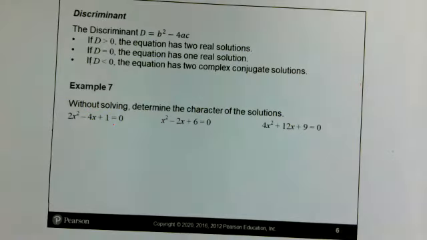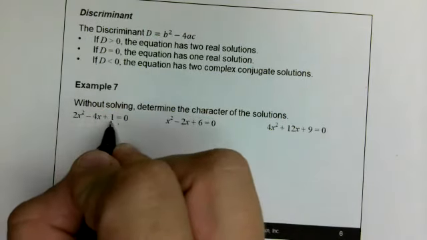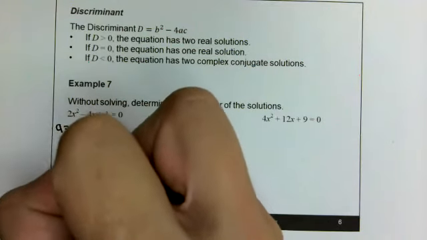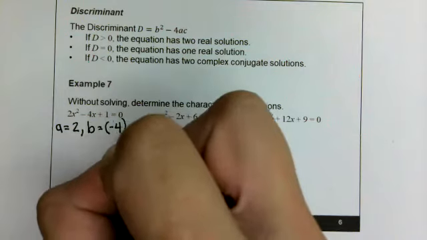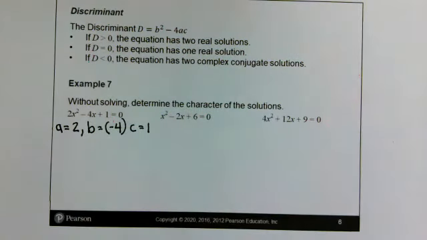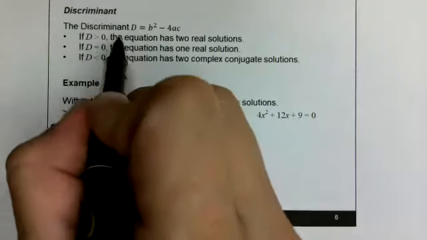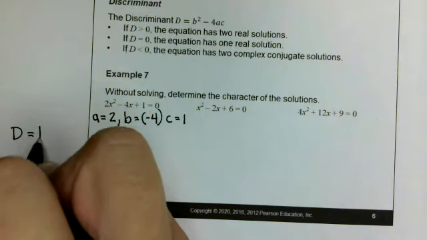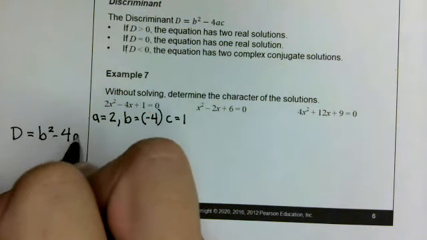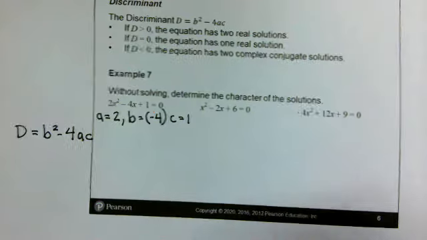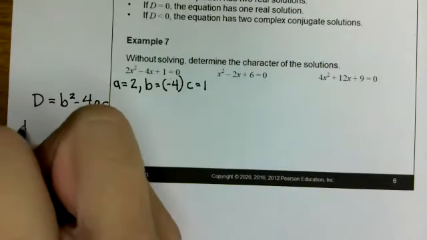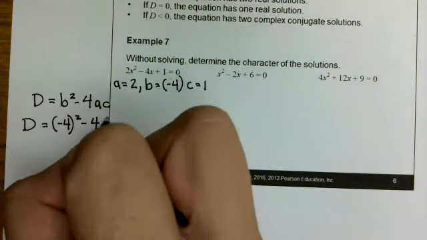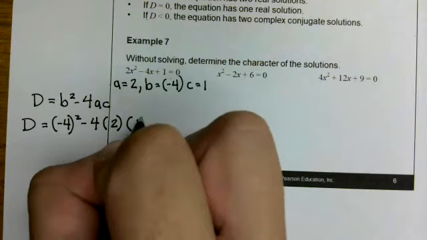Number 1, 2x squared minus 4x plus 1. A is 2, b is negative 4, c is 1, right? The discriminant is b squared minus 4ac. So let's just plug those in. D is negative 4 squared minus 4 times 2 times 1.